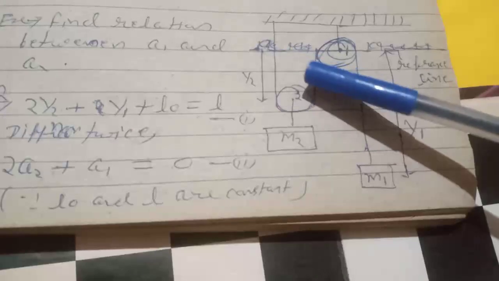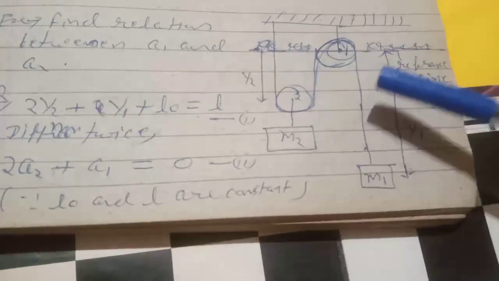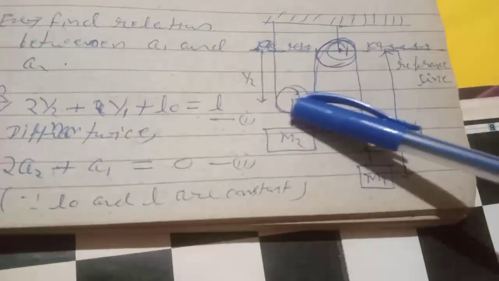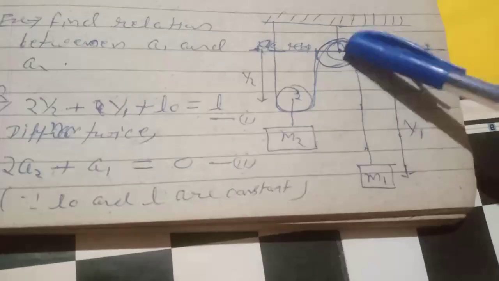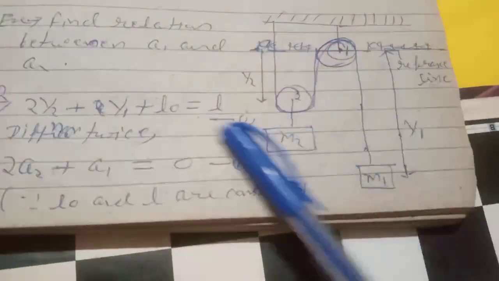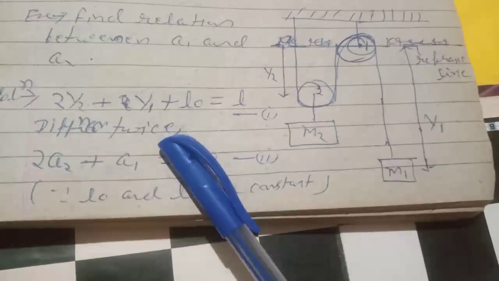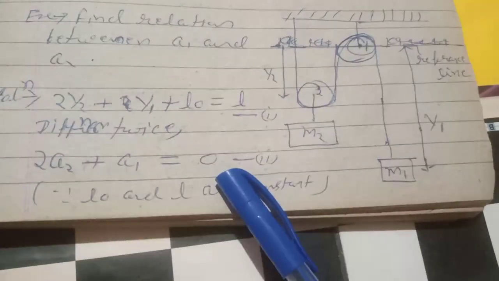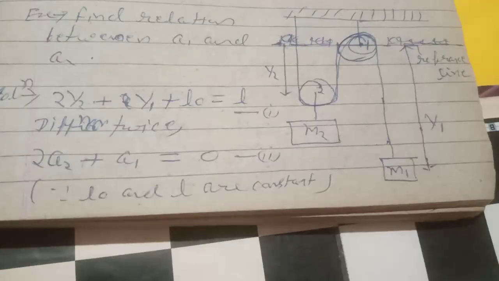Then y2 plus y2 plus y1, this distance, plus the length, considering both lengths as L naught, so L naught plus L naught equal to L. Differentiating twice, we get 2a2 plus a1 equals 0, since L naught and L are constant.